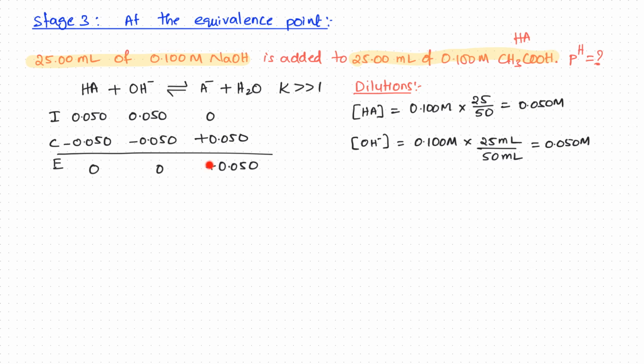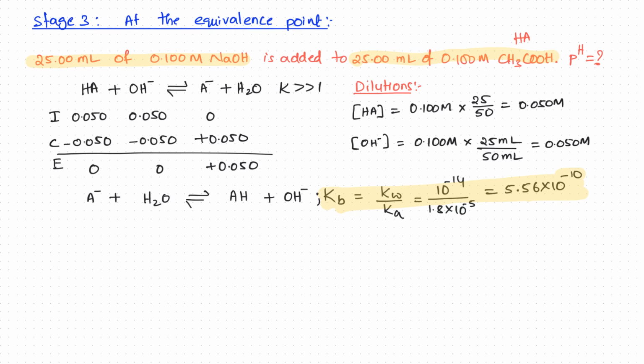At the end of the reaction, we are left with acetate ion, which is the conjugate base of acetic acid. Acetate ion can react with water and change its pH according to the following equation. The OH- ion at equilibrium generated by acetate ion can be calculated by setting up another ice chart and solving for X.